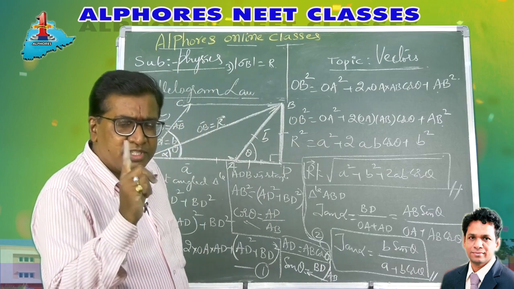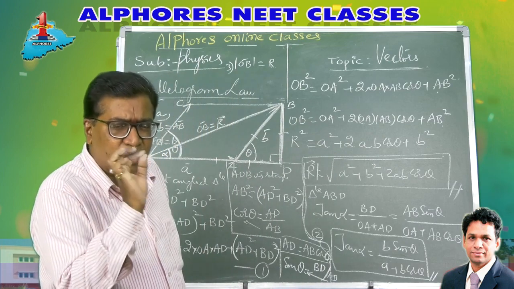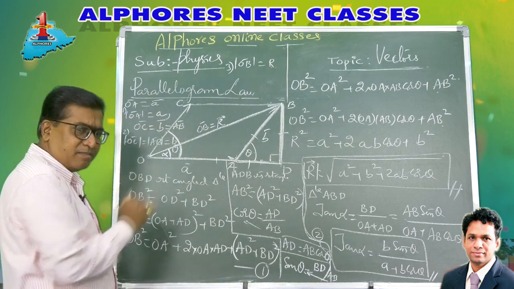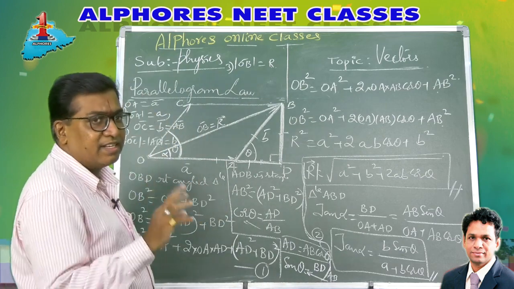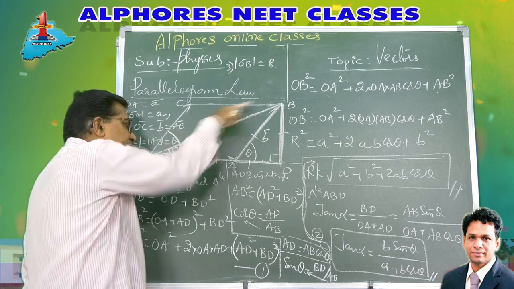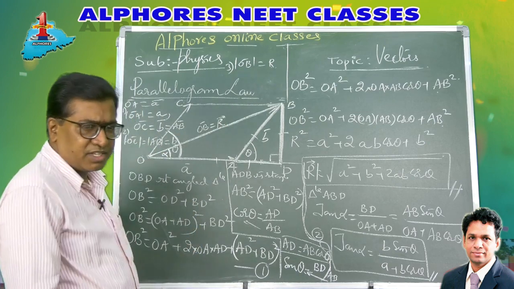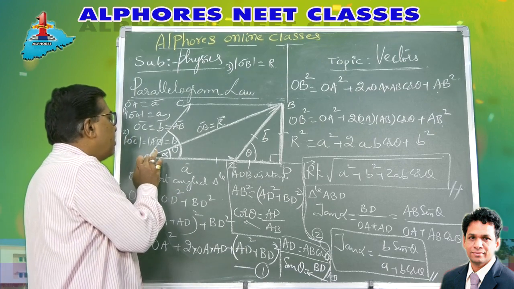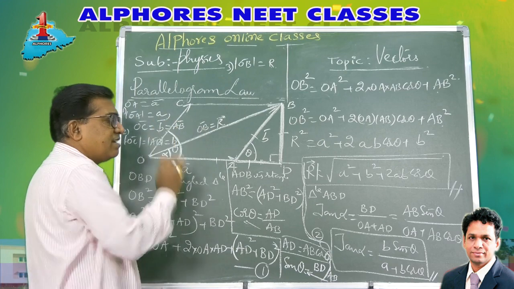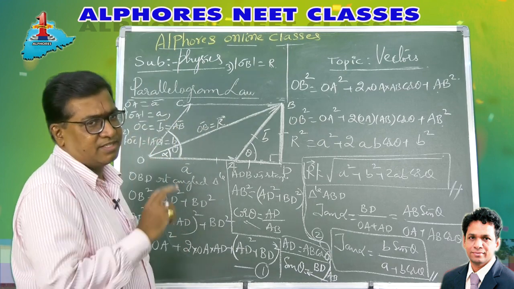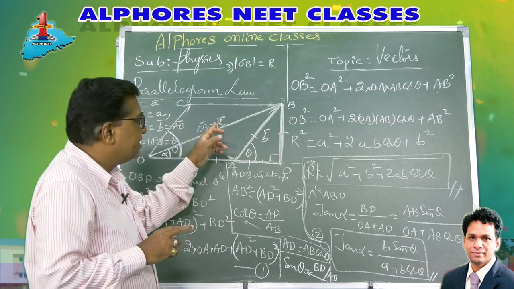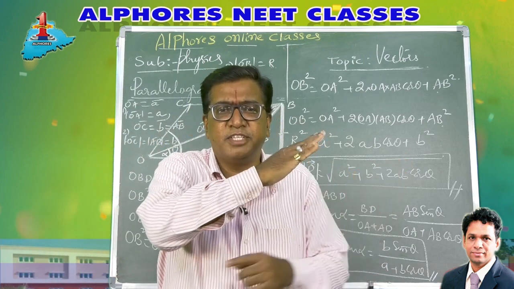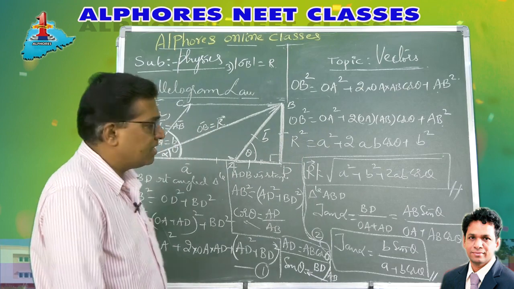If two similar co-initial vectors are represented as two adjacent sides of a parallelogram in magnitude and direction, then the diagonal passing through the point of intersection of the vectors represents the resultant vector in magnitude and direction. So this resultant is the diagonal of the parallelogram which is passing through the same point of intersection of the vectors, R.